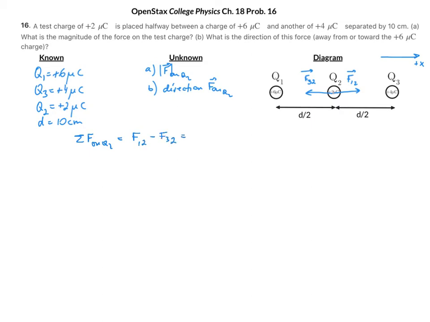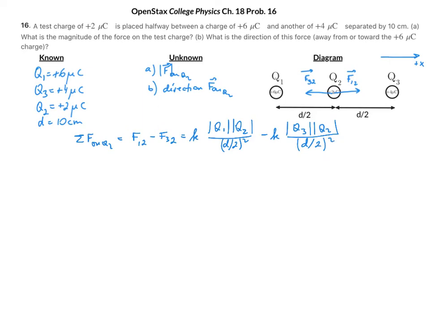So by using Coulomb's law, F12 is K, absolute value of Q1, absolute value of Q2, divided by the separation between them squared, and that is D over 2 quantity squared, minus K, so now I have force 3,2, so that is charge 3 times charge 2 divided by the separation, which is also D over 2 quantity squared.